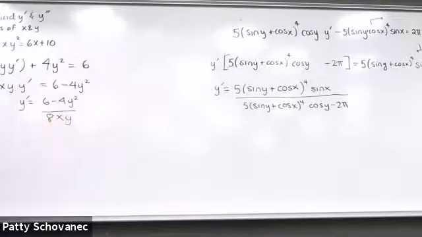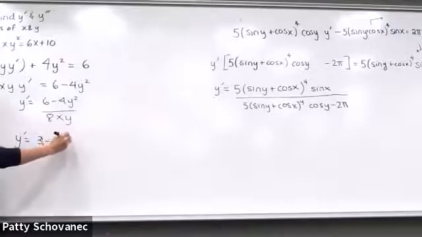Good? Yes. Did I reduce that? You can. Everything's divisible by 2. Let's knock out a factor of 2 everywhere. So 2 times 3 is 6. 2 times 2 is 4. 2 times 4 is 8. Okay.